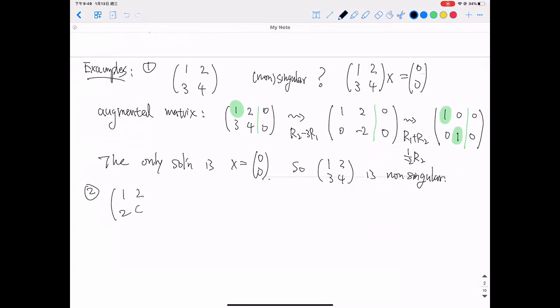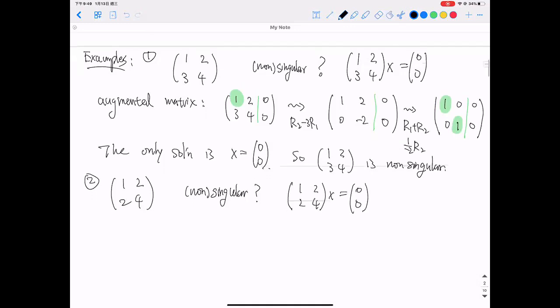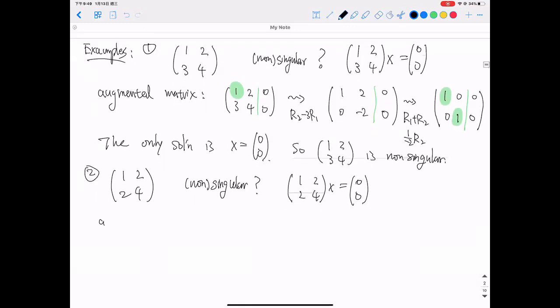All right. Let's look at another example. Say this one. Again, the question is whether it is non-singular or singular. So for that matter, we form the system, or we can even skip that step and get on with writing the augmented matrix: 1, 2, 2, 4, 0, 0.